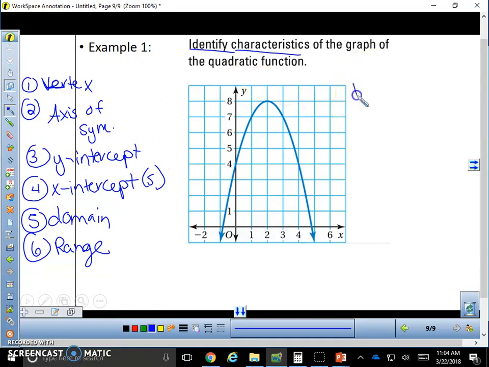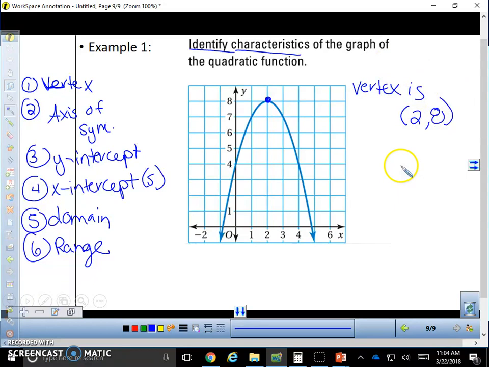First of all, the vertex is the point at which it changes from increasing to decreasing. We say the vertex is (2, 8). The axis of symmetry is the reflection line right here, where we could fold it up and they line up.